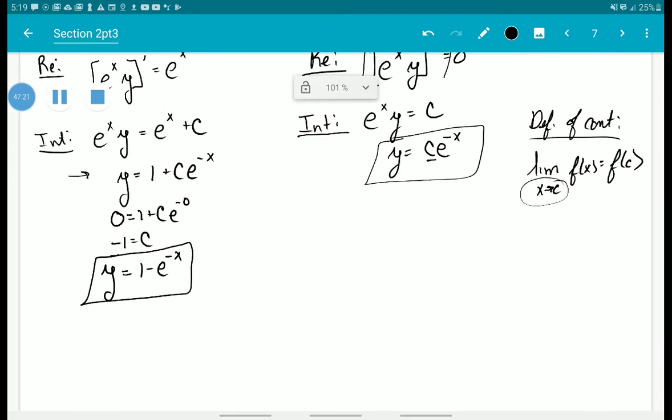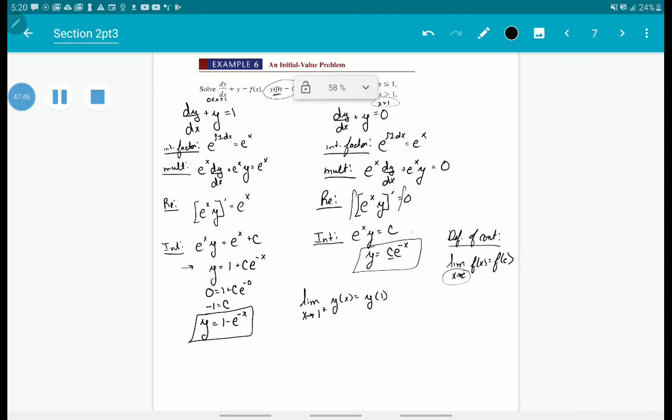So I know what's happening for the limit. I want to approach 1 from the right. And I want that to equal y of 1. Now, why am I approaching 1 from the right? Because that's the piece I just found.